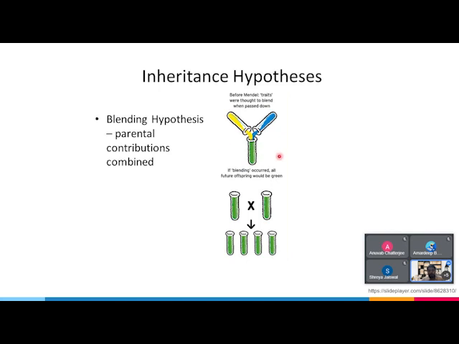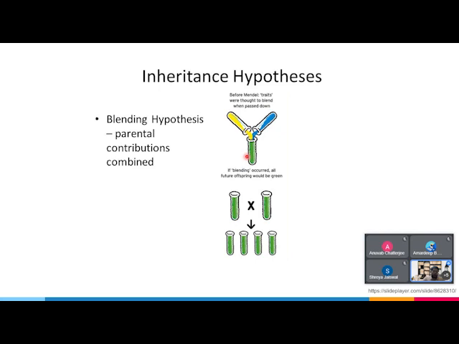So if blending occurred, all the future offspring would be green. If the blending hypothesis was correct, then we would always have one type of progeny or one type of trait that will get amplified throughout the generations. We will not have any trait that was present in previous generations reoccurring in subsequent generations.